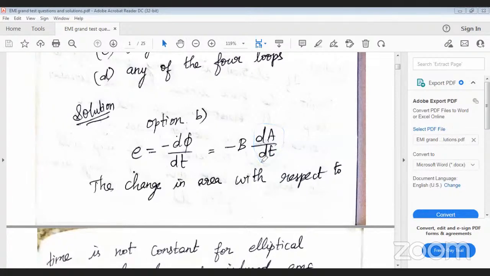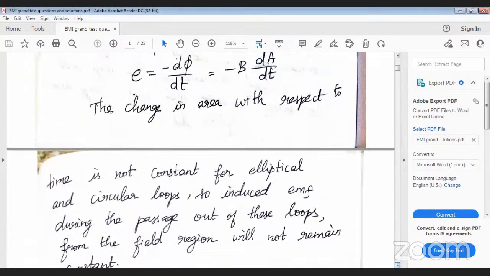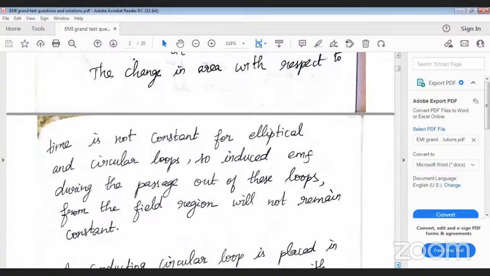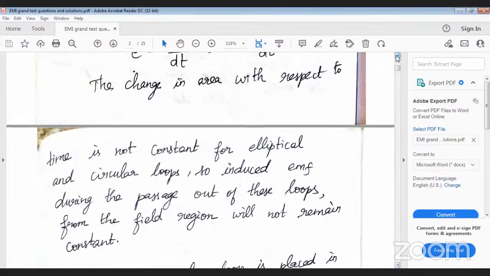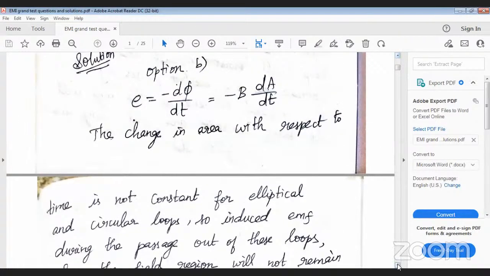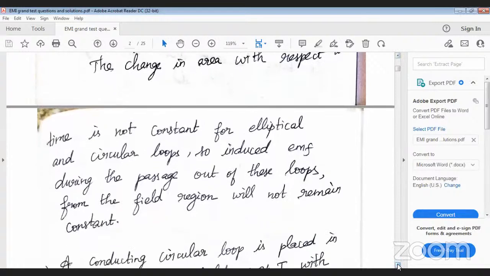The change in area with respect to time is not constant for elliptical and circular loops. When they move along the x-axis, the area covered is not constant for loops of these shapes, that is, elliptical and circular loops.